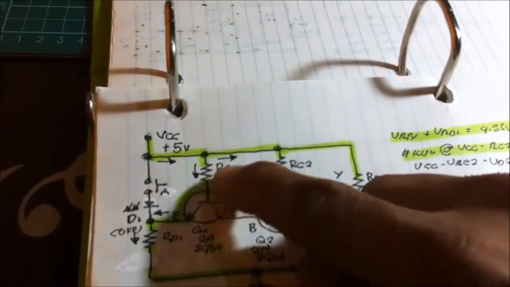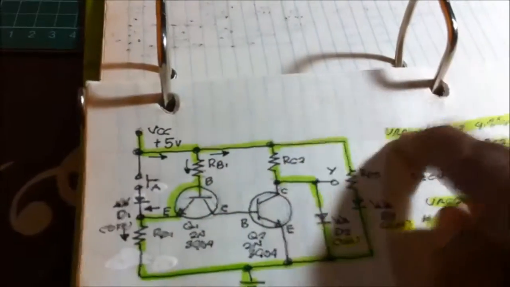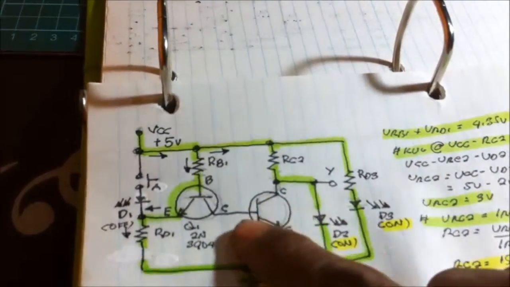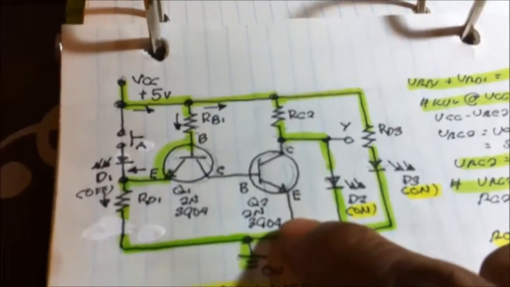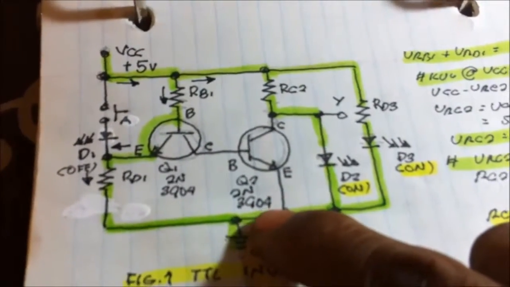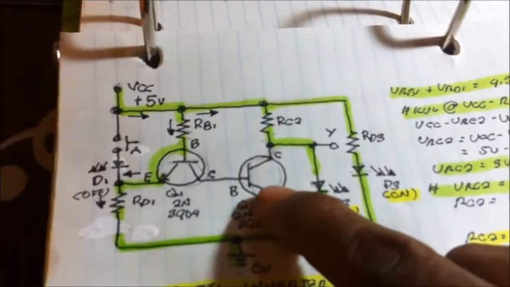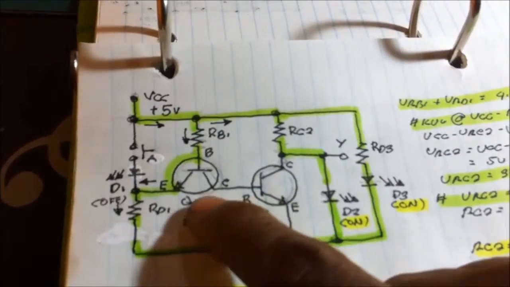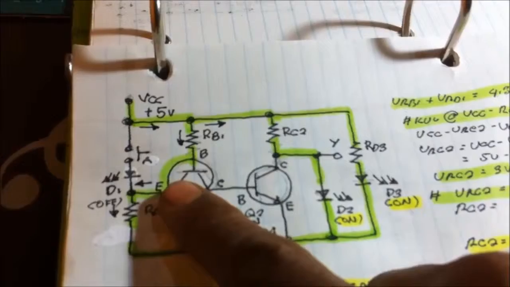We have the base resistor for biasing the transistor, and then we have another transistor 2N3904 connected the base to the collector of the first transistor.